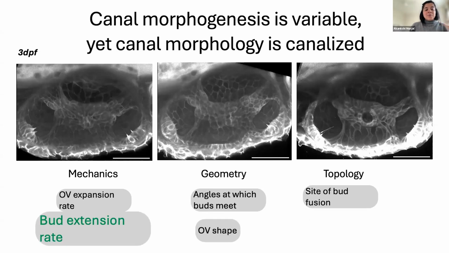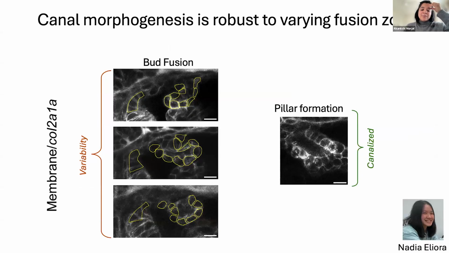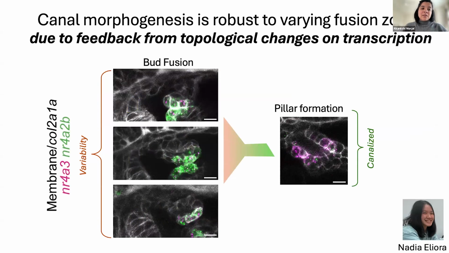I'm going to talk about bud extension in my research seminar next week, but I can highlight the site of fusion, which is connected to your question, where they can meet at many different places within the buds. And it doesn't matter where they meet. As long as they meet, they express this transcription factor at the site of fusion that is required for successful pillar formation. I don't know if this addresses your question.